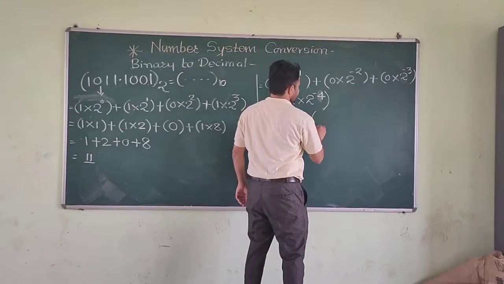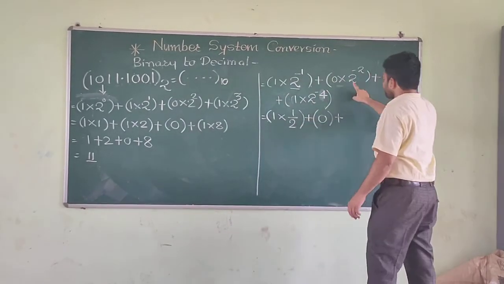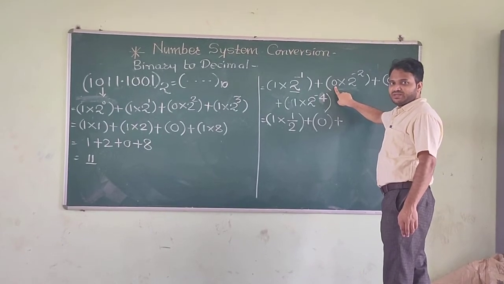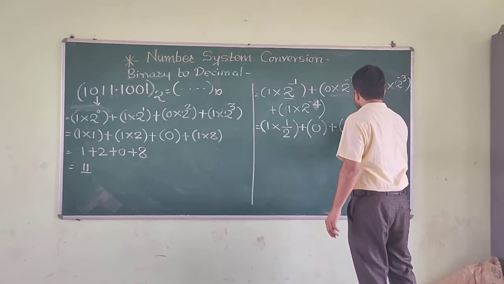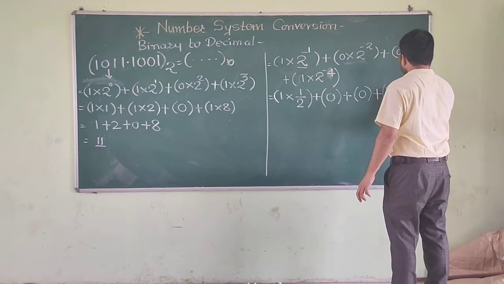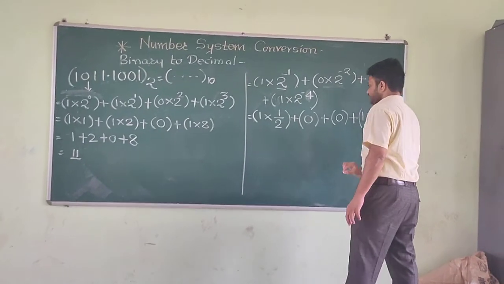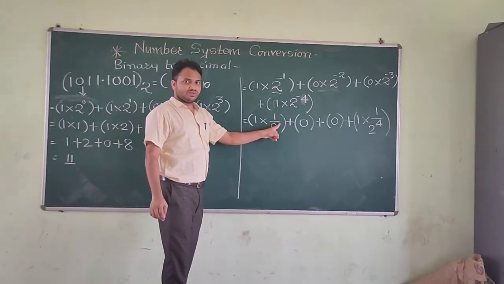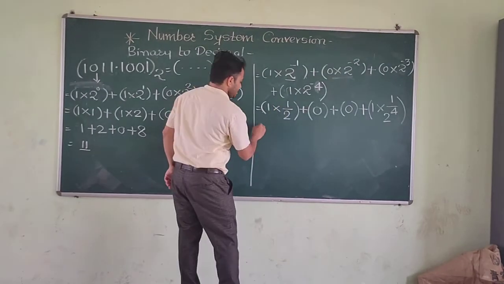Similarly plus 0 into anything is 0. इथे डायरेक्टली आपण शून्य व्हॅल्यू लिहिली तरी चालेल, कारण शून्याने कोणत्याही संख्येला जर गुणलं तर त्याचा गुणाकार जो येतो तो नेहमी शून्यच येतो. सेम इथे पण आपण 0 लिहू शकतो प्लस इथे आपण पुन्हा 1 into 1 upon 2 raised to 4 लिहू शकतो. ओके, इथे -1 आपण लिहिलेला नाहीये, जो +1 असतो तो लिहिला किंवा नाही लिहिला त्याची व्हॅल्यू 2च असते, म्हणून आपण तो दाखवलेला आहे.